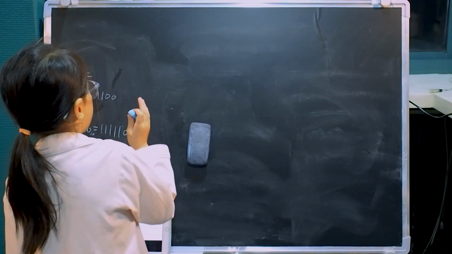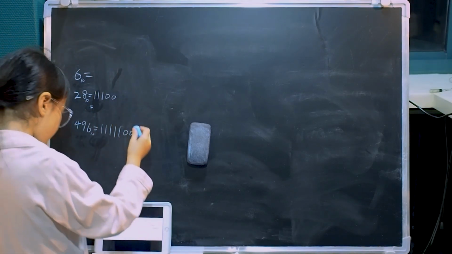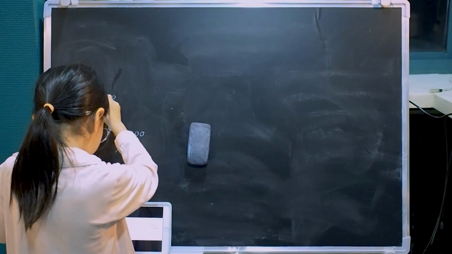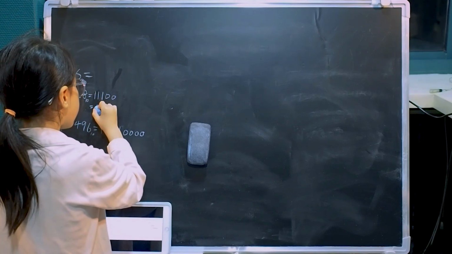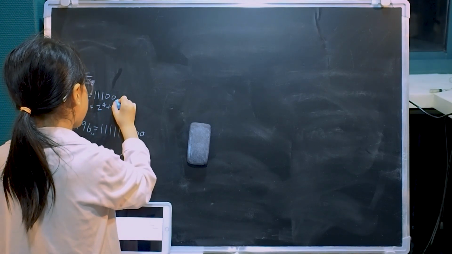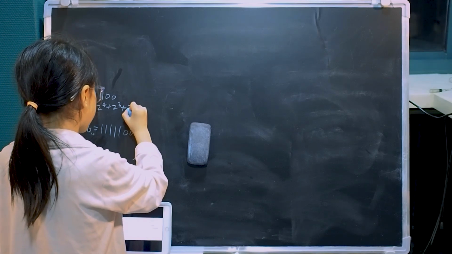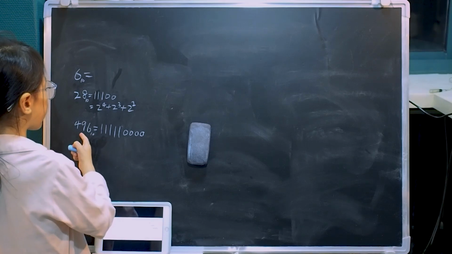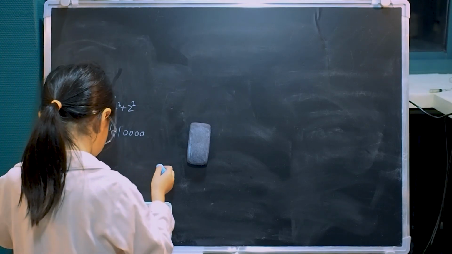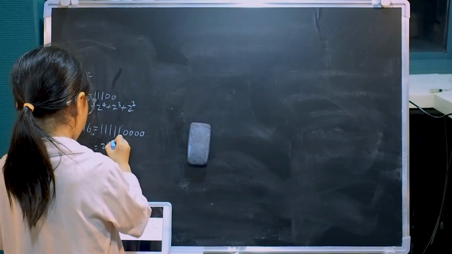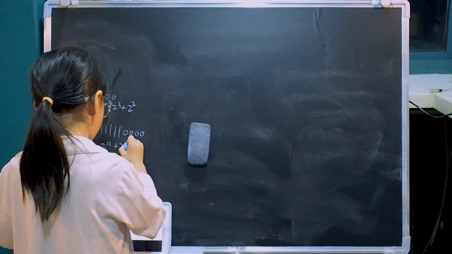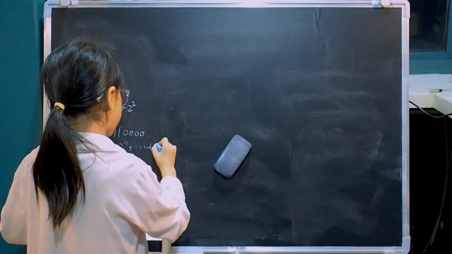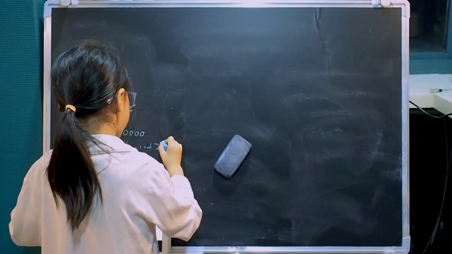So actually, you can find out here, 28 is equal to 2 to the 4 plus 2 to the 3 plus 2 to the 2. And 496 is equal to 2 to the 12 plus 2 to the 11 plus and so on plus 2 to the 6.